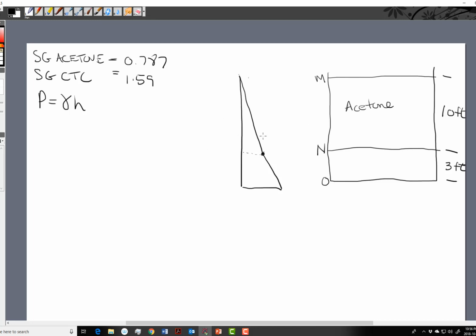So the way you do that is first let's just look at the acetone. We're just going to draw FR1 here. Now we know we can calculate the force on this triangle by just calculating the average pressure. The average pressure occurs at HMN over 2.